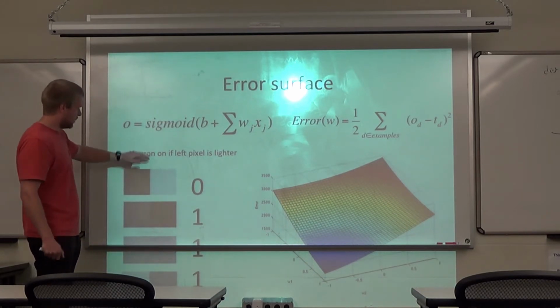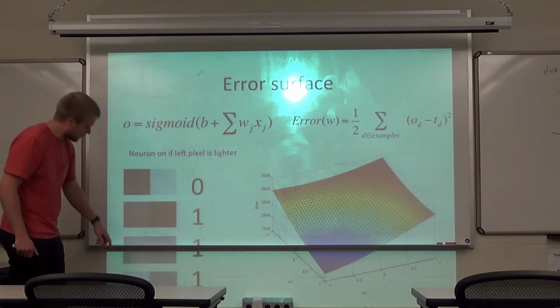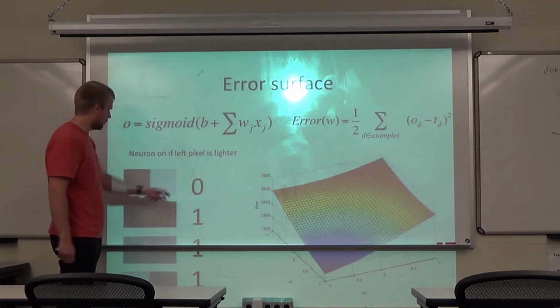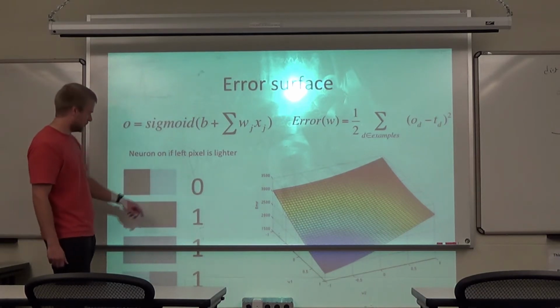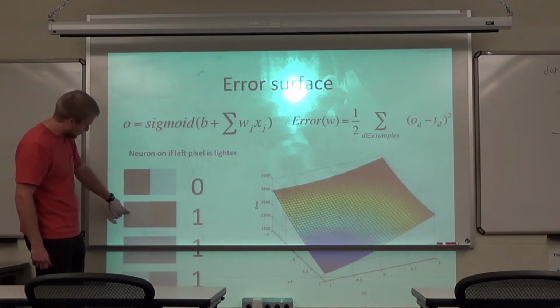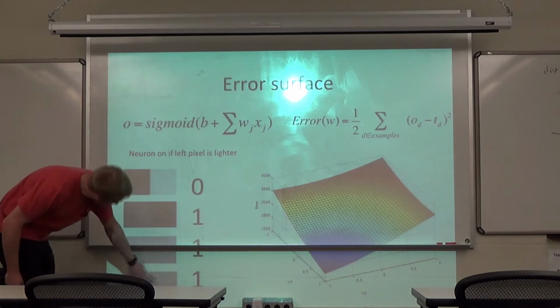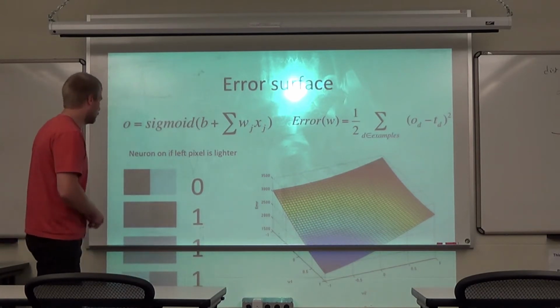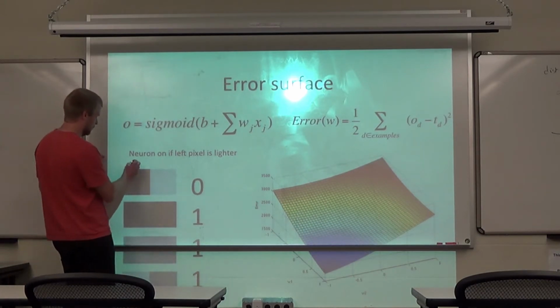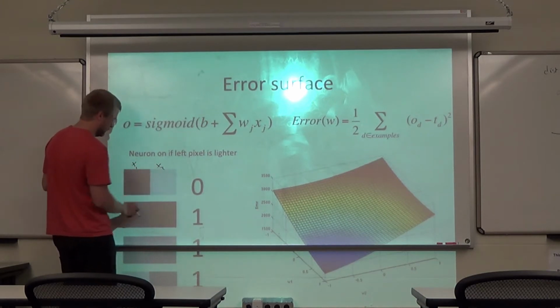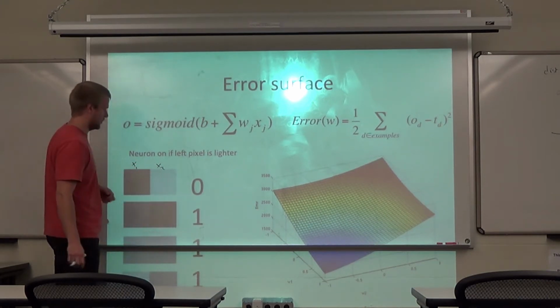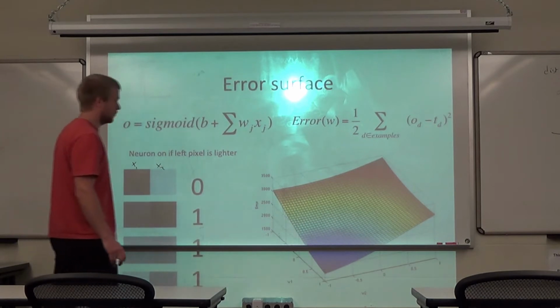These are our data points, and the label is 0 if the left pixel is darker than the right pixel. So the pixel here is lighter than that, so it's a 1. Pixel here is lighter than that, so it's a 1. Pixel here is lighter than that, so it's a 1. So let's say that this is x1, this is x2. All of these values are x1 and all of these values are x2.